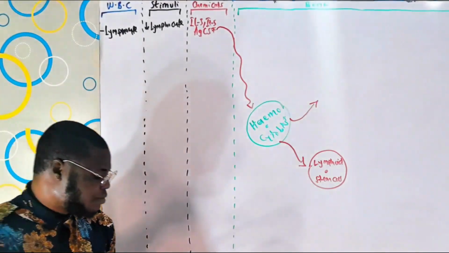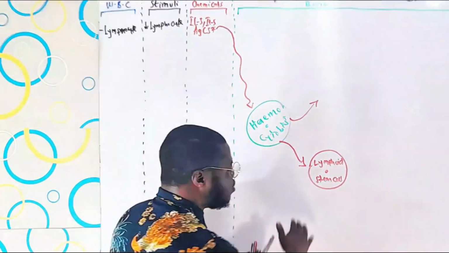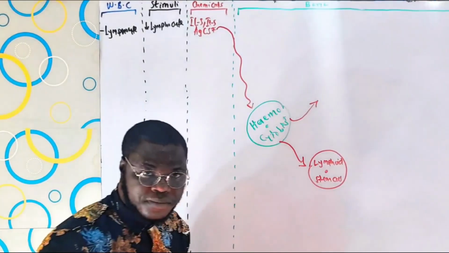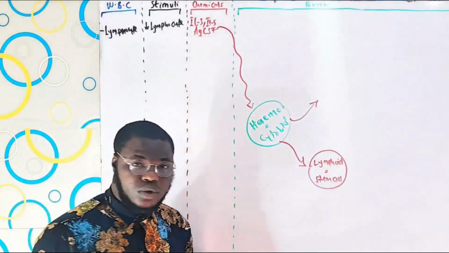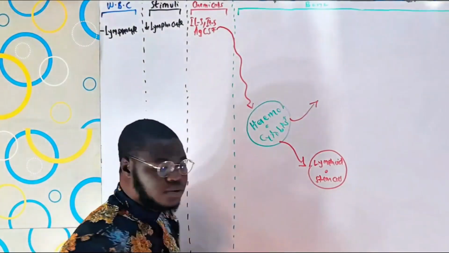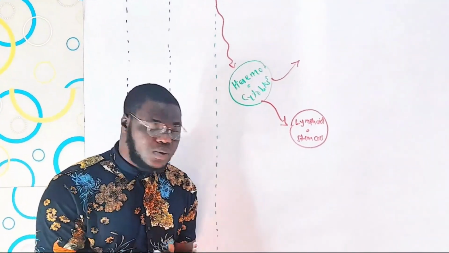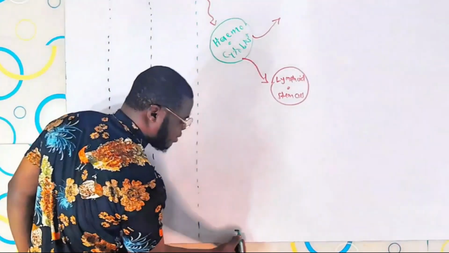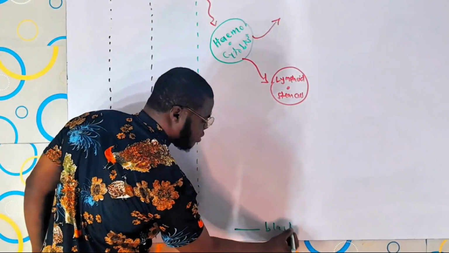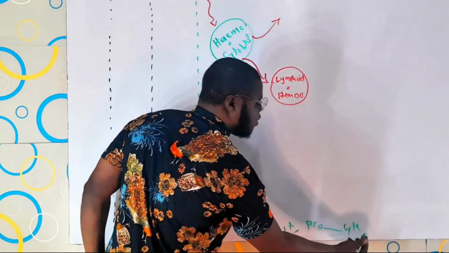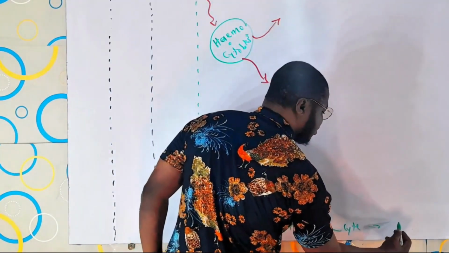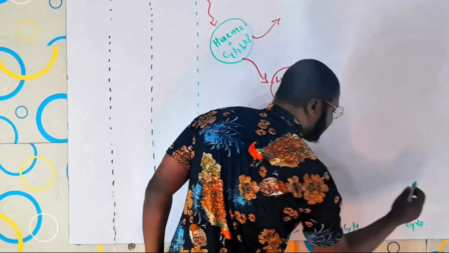The lymphoid stem cell is going to divide through a series of stages to form something. And the question is, what is that? I have told you before, blood cells mainly pass through 3 stages. The first one is the dash-blast stage. The second one is the pro-site. And the last one is the dash-site itself.